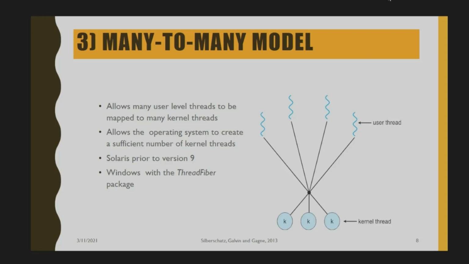The number of kernel threads here may be specific to either a particular application or a particular machine. So an application may be allocated more kernel threads on a multiprocessor than on a single processor.